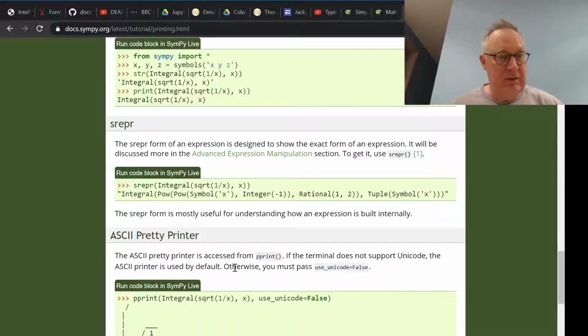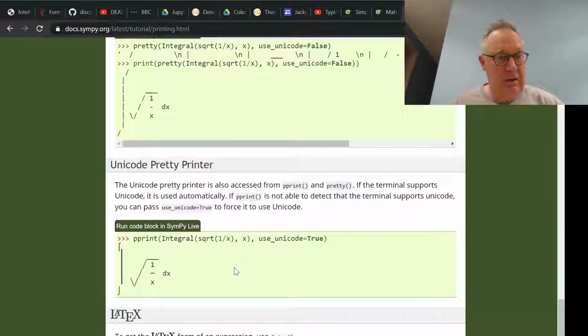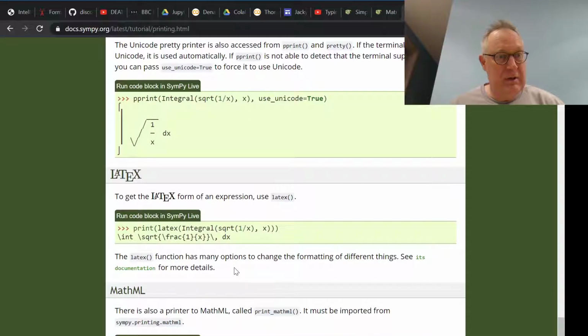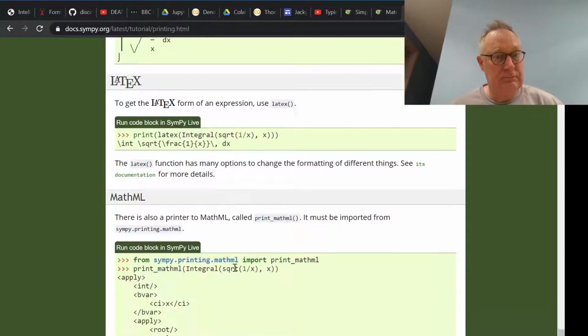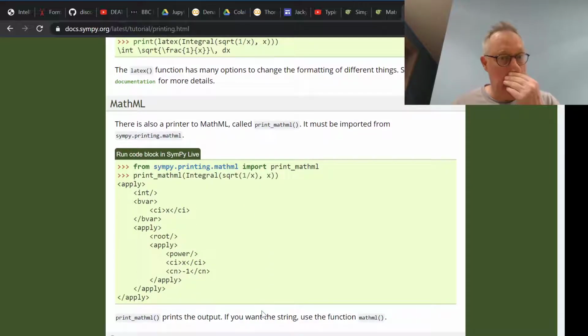Let me see if there's a HTML, Unicode, pretty printer, LaTeX. MathML. Okay, let me try this one.